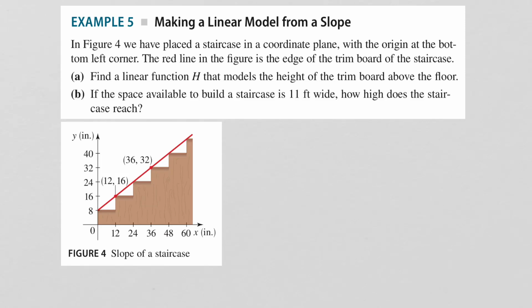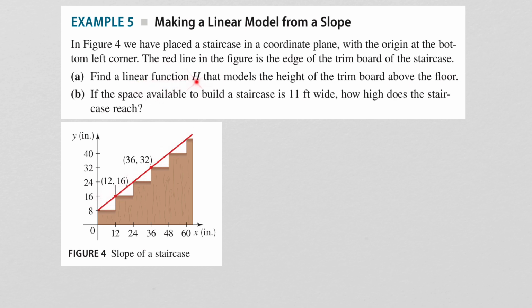In the next example, we have a staircase. And you can see that the origin corresponds to the bottom left of the staircase. And the red line is the edge of the trim board of the staircase. So the red line essentially touches the tops of all the stairs.